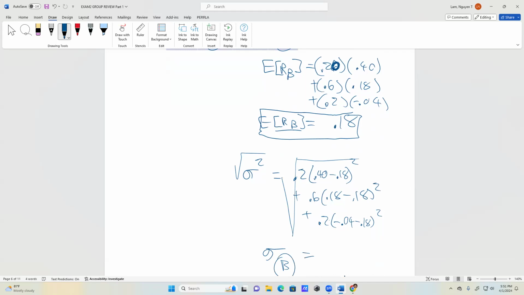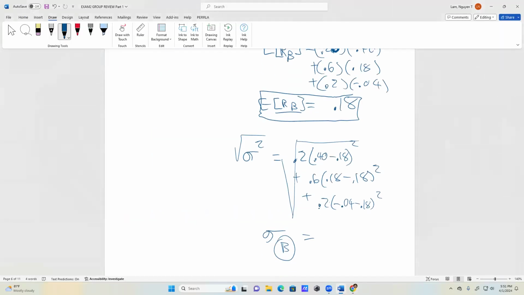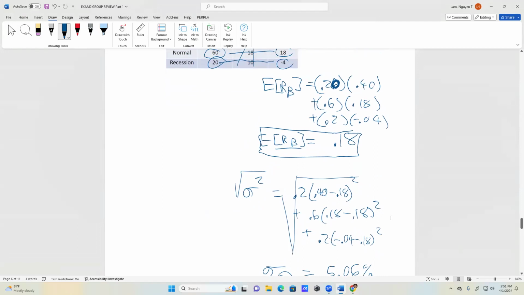And in this case, it is 5.06%. Okay, we could do the same thing. If you guys have time, please give me a double check on this if we actually got it or not.